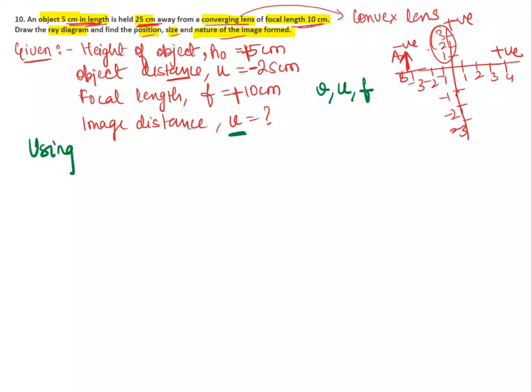So now we are going to use the lens formula, and that is 1 upon v minus 1 upon u is equal to 1 upon f.